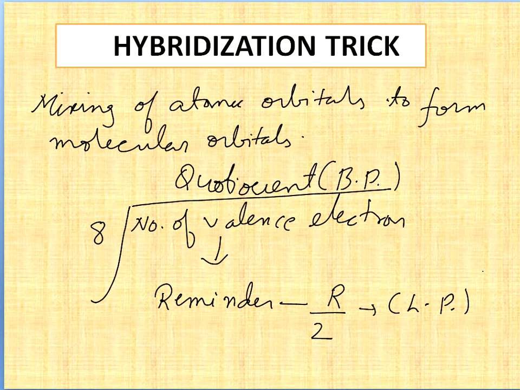So how will we find the hybridization? Hybridization will be bond pair plus lone pair. Clear?